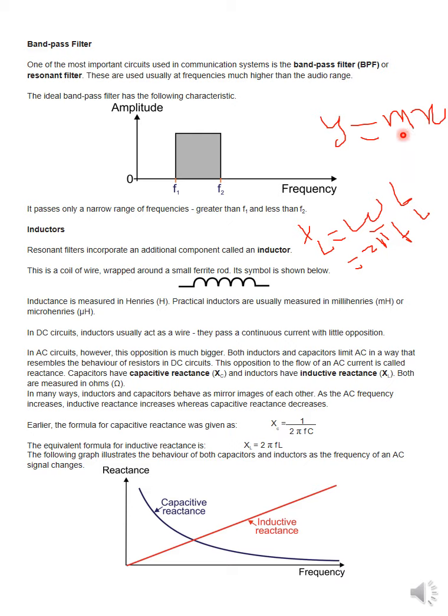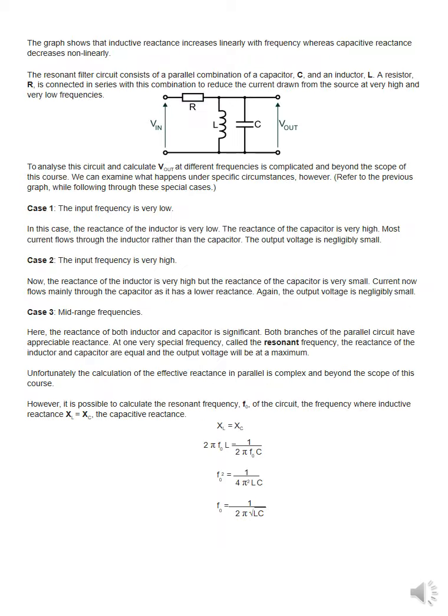If I compare this with that, XL is your y, L is your x, and ω behaves as your m, the slope of the line. So it's a straight line passing through the origin. The graph shows that inductive reactance increases linearly with frequency, whereas capacitive reactance decreases non-linearly.